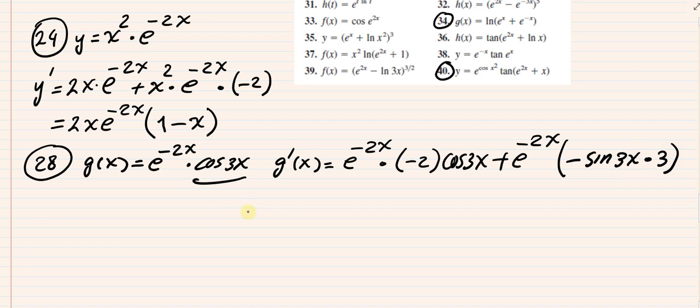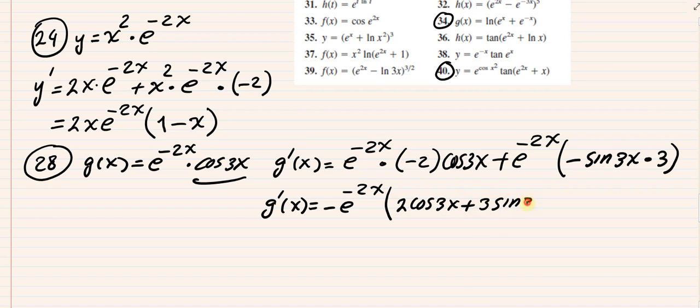Now, to simplify, all I can factor is negative e to negative 2x. That will give me 2 cosine 3x plus 3 sine 3x.